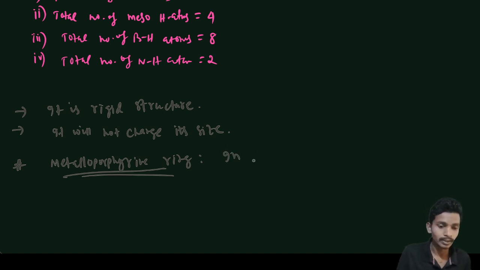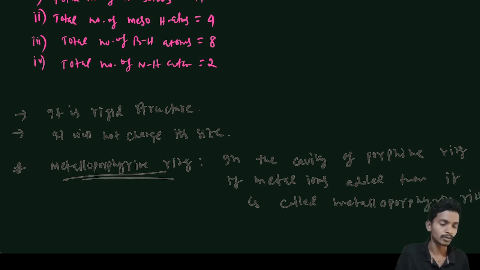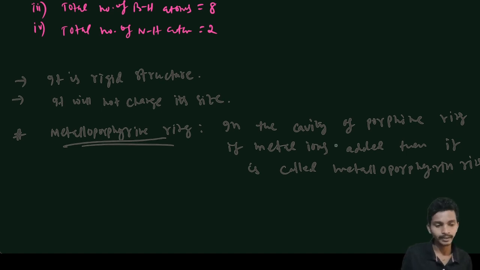So in the cavity of the porphyrin ring, if metal ions are added, then it is called metalloporphyrin ring.